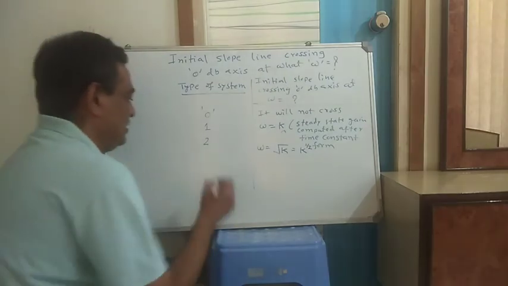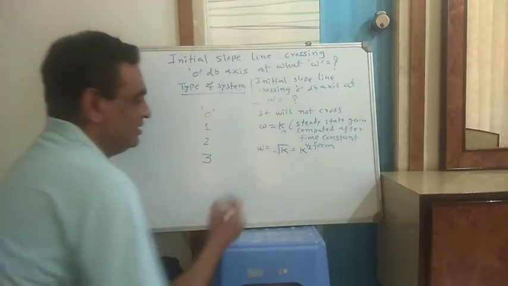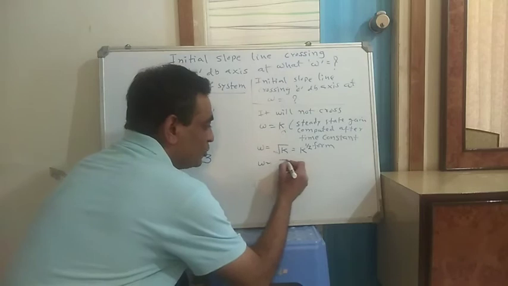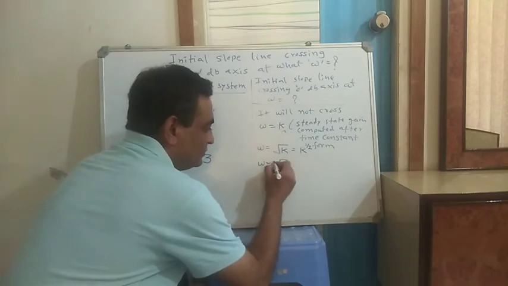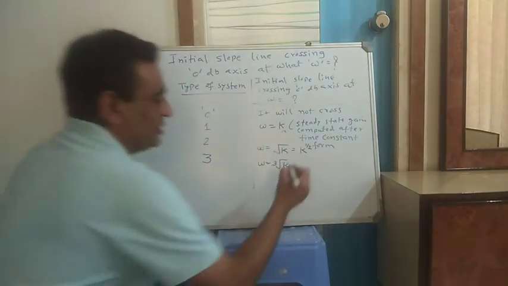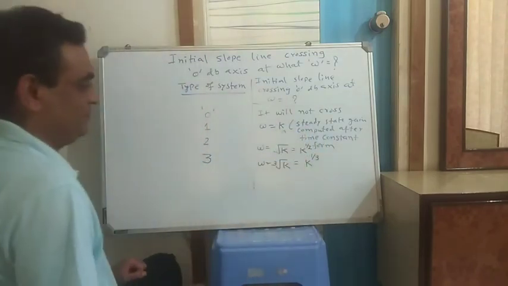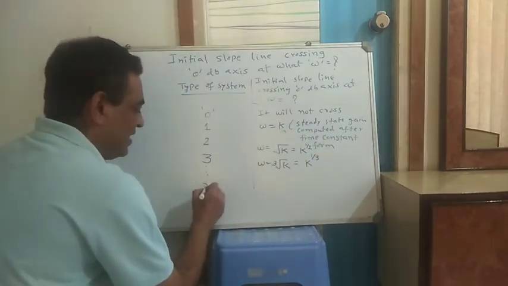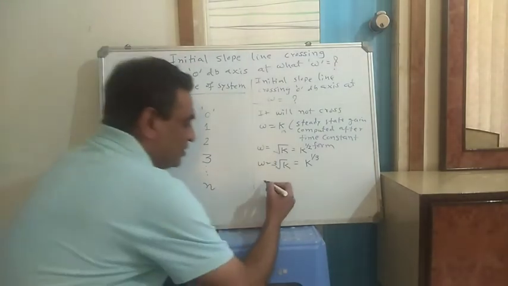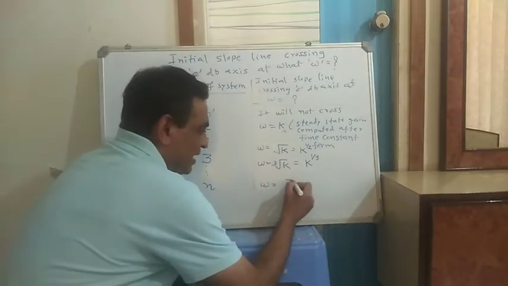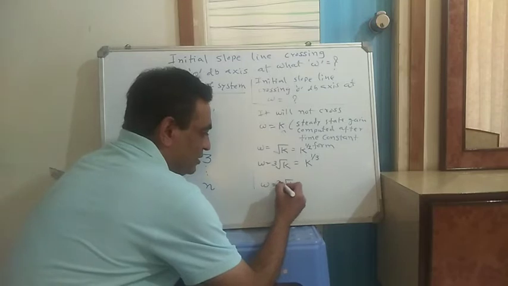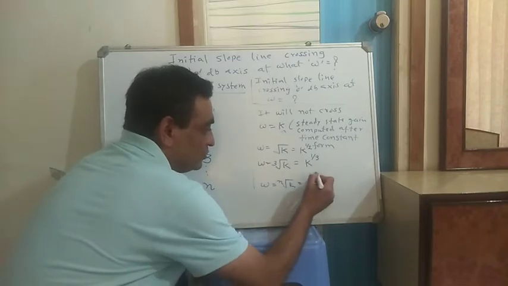If it is a type 3 system, then it will cross at cube root of K, or you can say K raised to 1 by 3. If it is a type n system, then it will cross the 0 dB axis at nth root of K, so you can say K raised to 1 by n.